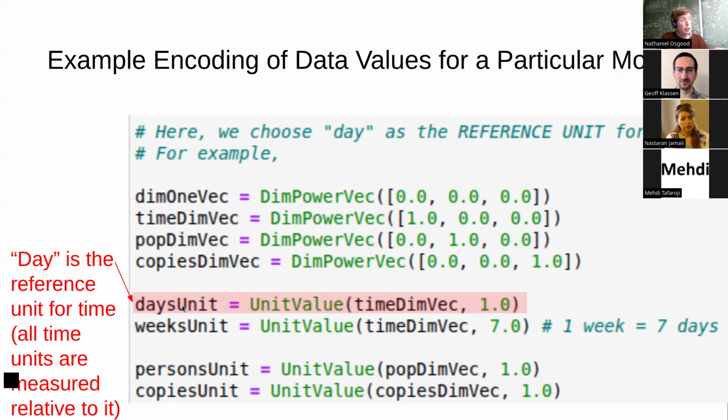So for a given dimension, say for the time dimension, we'll have a reference unit. So like days, we'll have a ratio of 1 for that reference unit. Weeks, we'll have a ratio of 7 because 7 days make up one week. So the unit week will have a ratio with respect to the reference unit days, 7 times as long. Right?